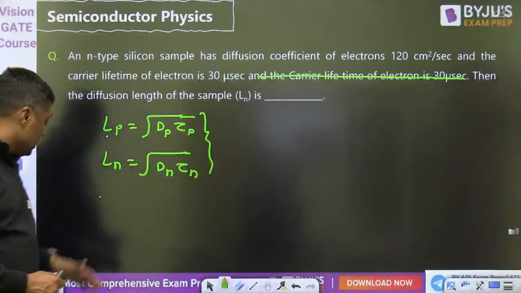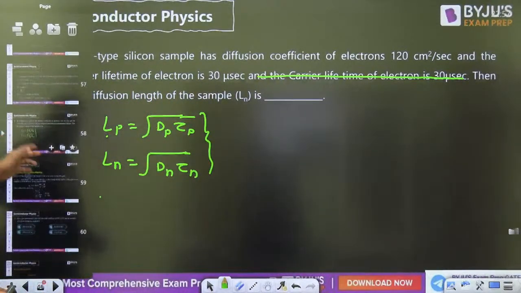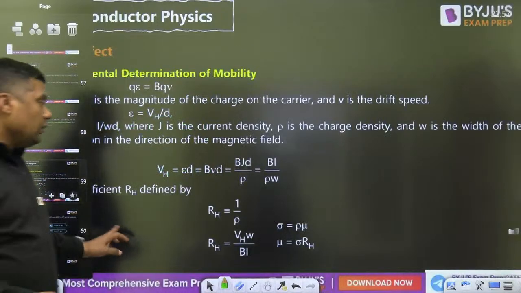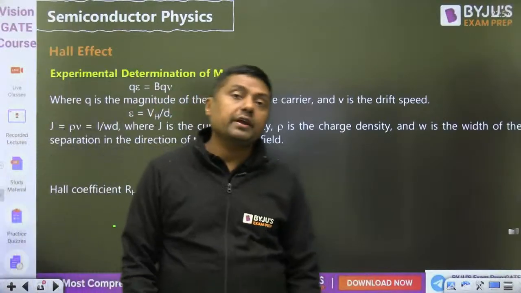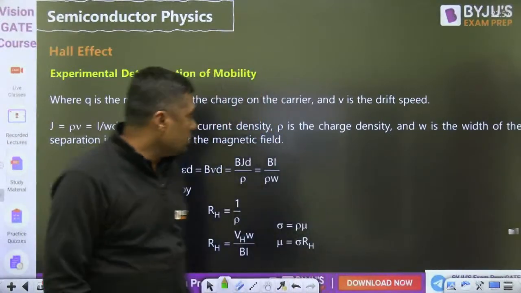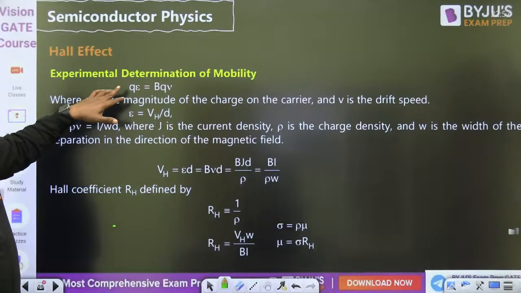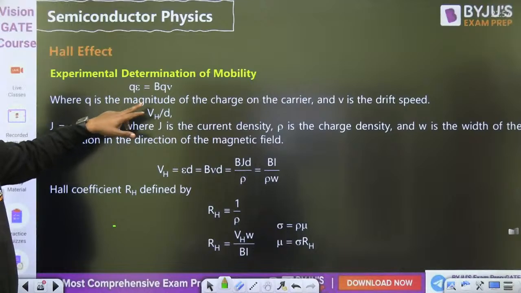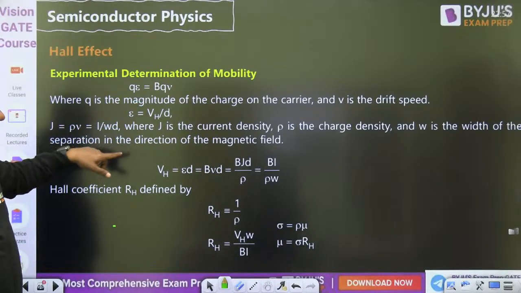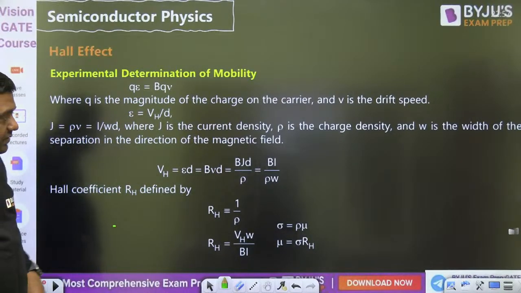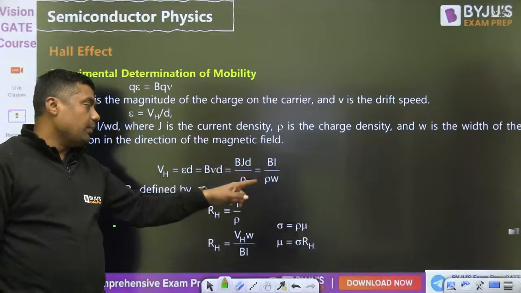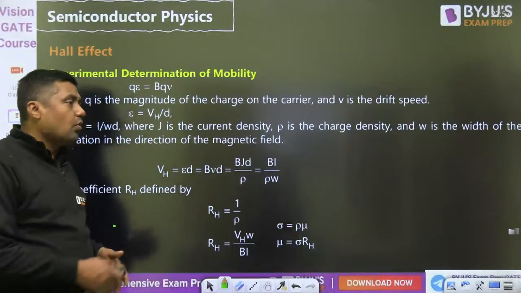Then next one is Hall effect. Hall effect is also a very important topic for the GATE exam. So get the idea about that. These are the formulas for Hall effect. We equate the force, and then we find the Hall voltage, which is given by B into I upon rho W. Rho is the volume charge density.